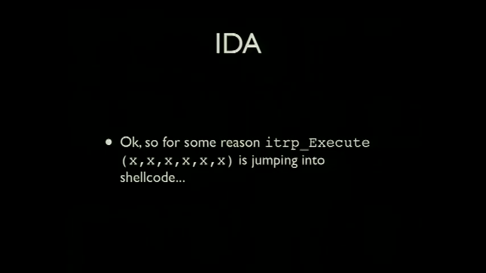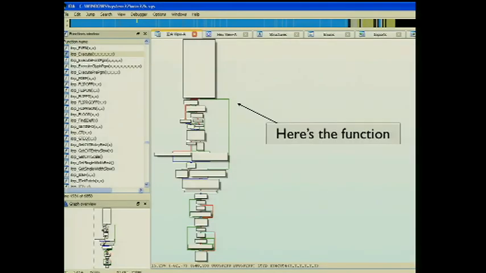So pretty much at this point, I basically went and started reversing win32k.sys to figure out what was actually going on in the code. So that was the instruction that died, or that was the last call. This is what it looks like in IDA.